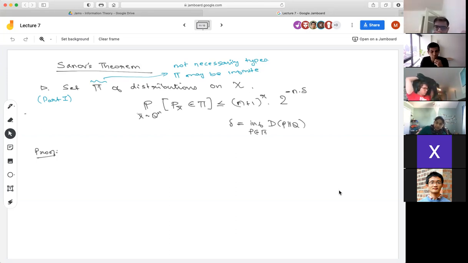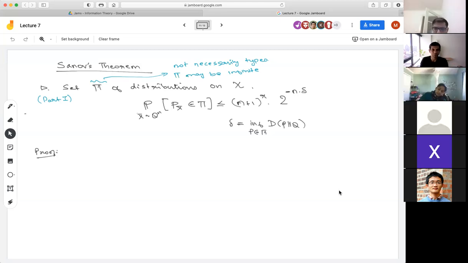And we want to upper bound this probability, which is a generalization of the Chernoff bound: the type of a sequence sampled according to Q, where Q is again an arbitrary distribution. What is the probability that the type of the sequence belongs to this set pi?